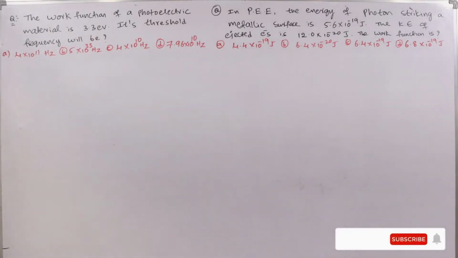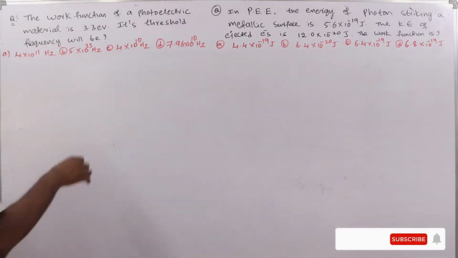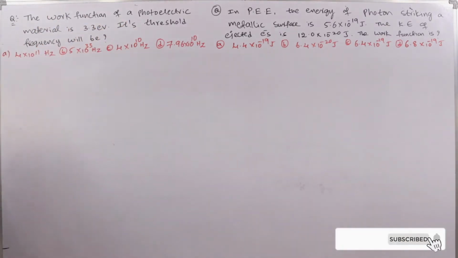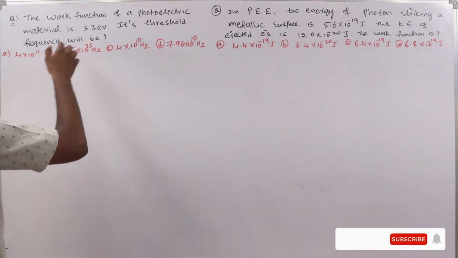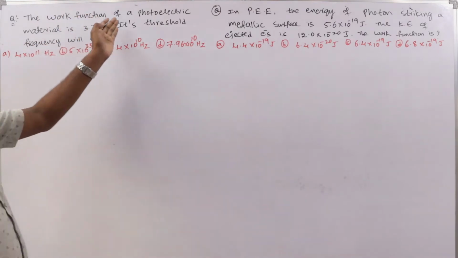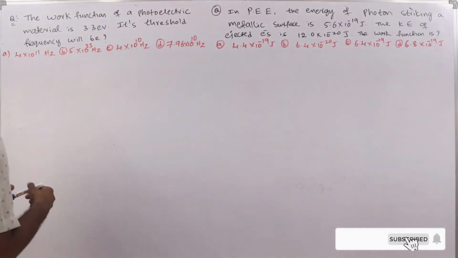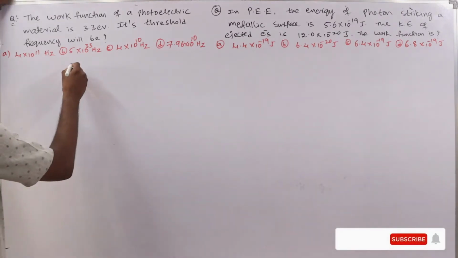So, first problem here is that the work function of a photoelectric material is 3.3 electron volt. Its threshold frequency will be? Here they have provided the work function of a photoelectric material, and they ask you to find out its threshold frequency.